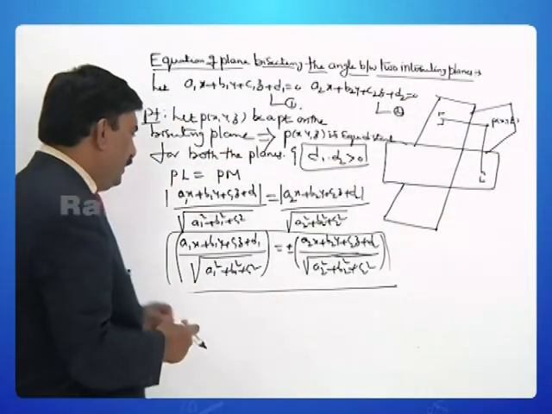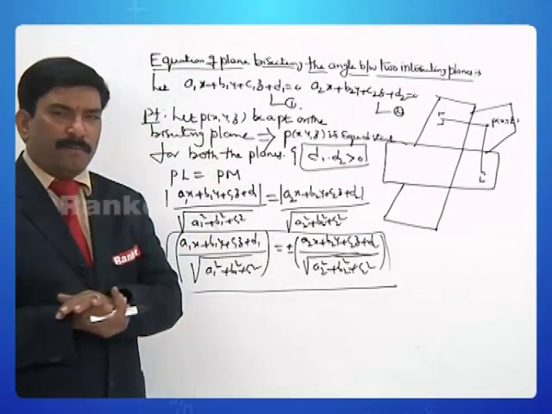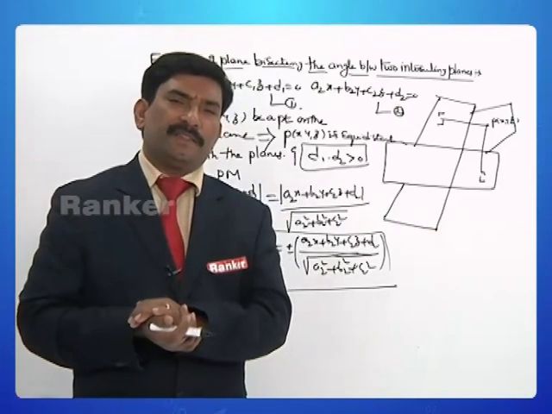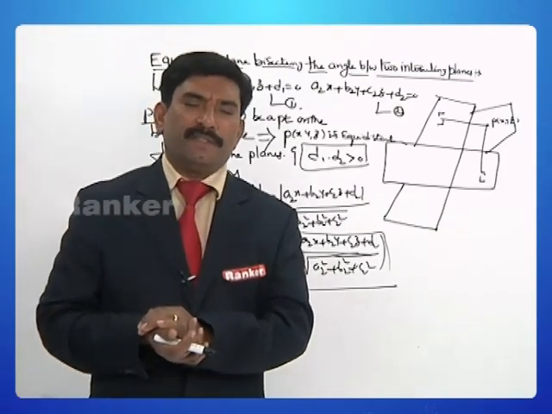Now, with the plus sign you get one bisector, and with the minus sign you get the other bisector.